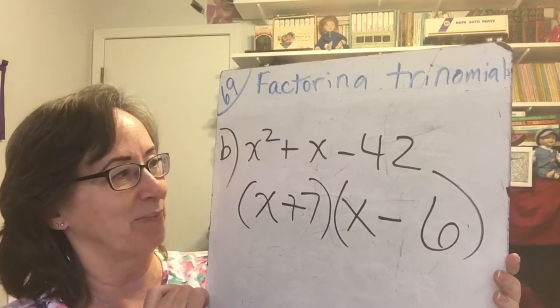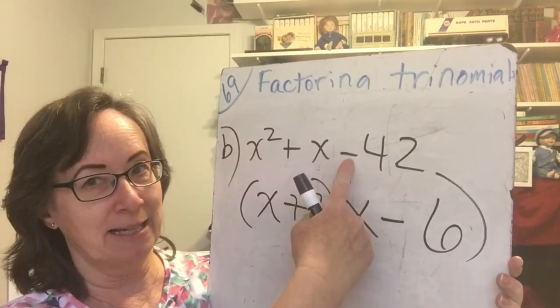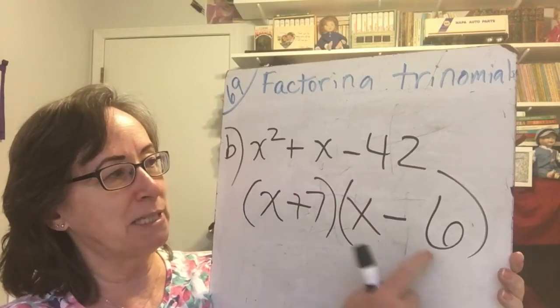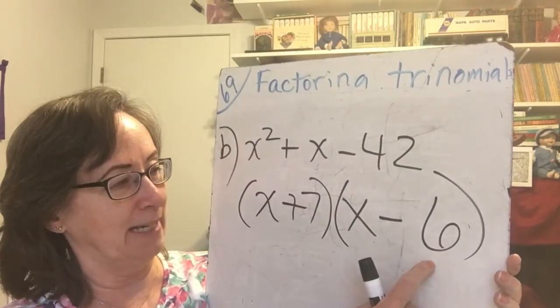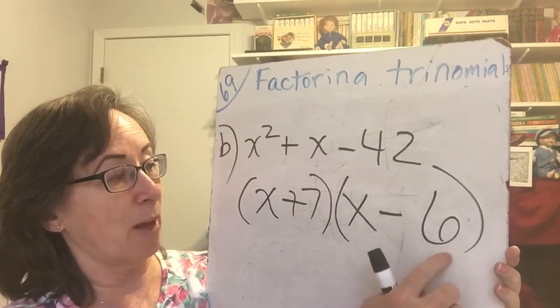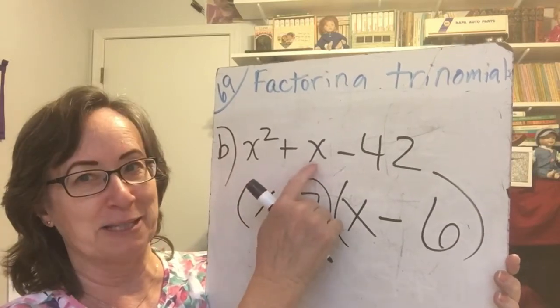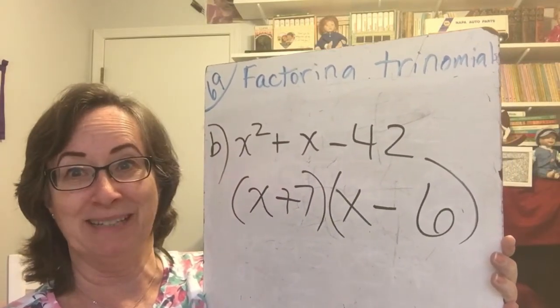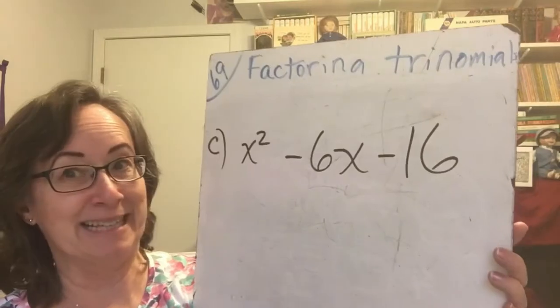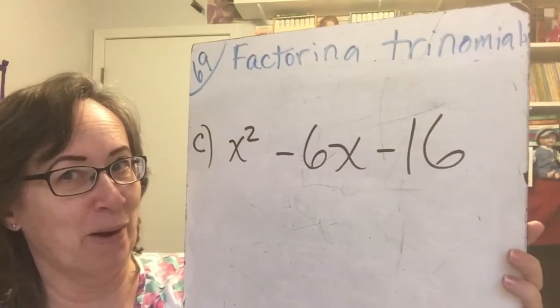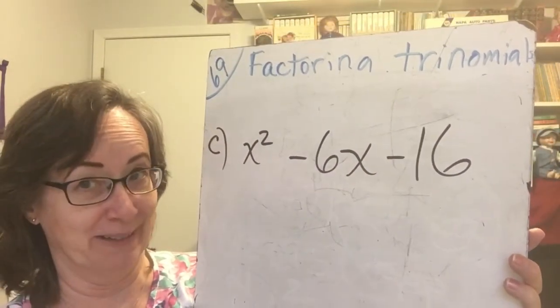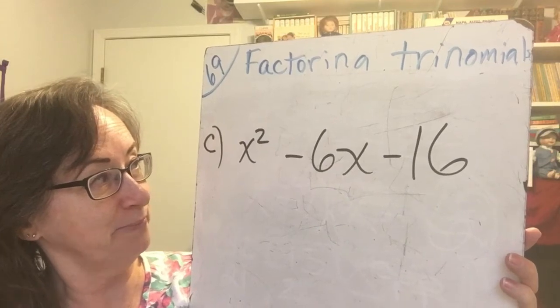That was it. Okay, so opposite signs. Product must be negative 42, and it is. 7x minus 6x gives us a positive. And we're done.